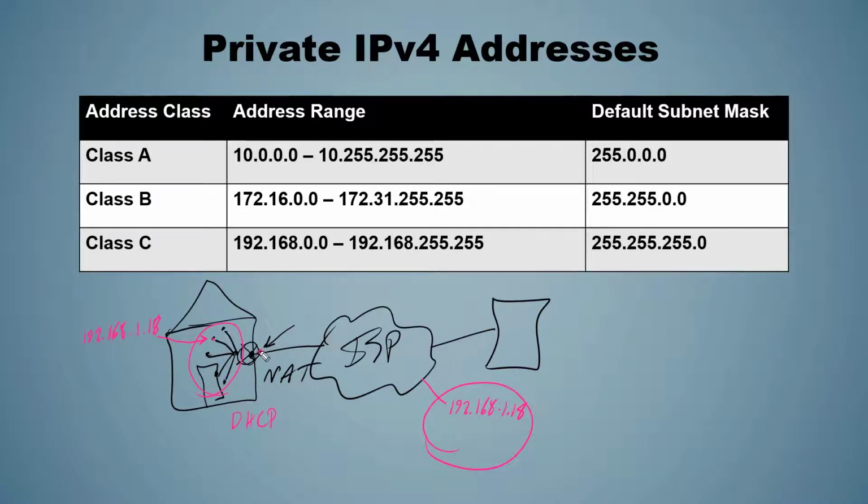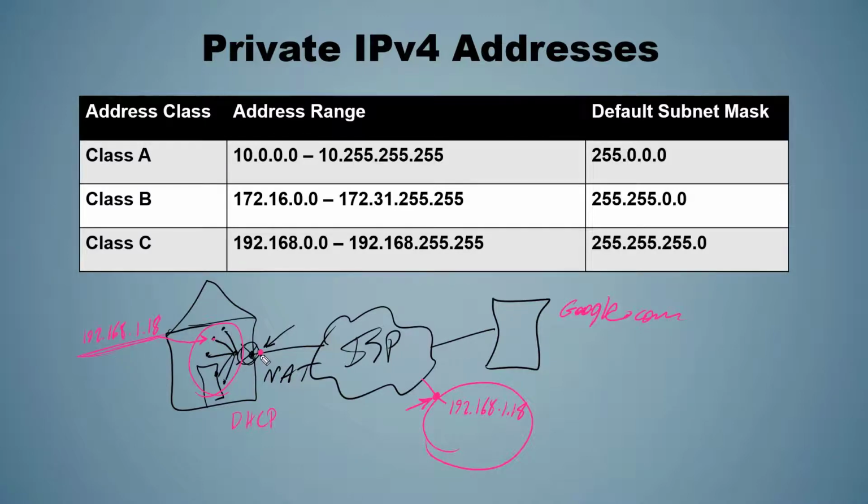Why? Because remember, only your public IP address matters globally. These public IP addresses have to be unique globally, and you receive yours through your internet service provider. For example, if this is the Google website, google.com, it has no idea about these private IP addresses.